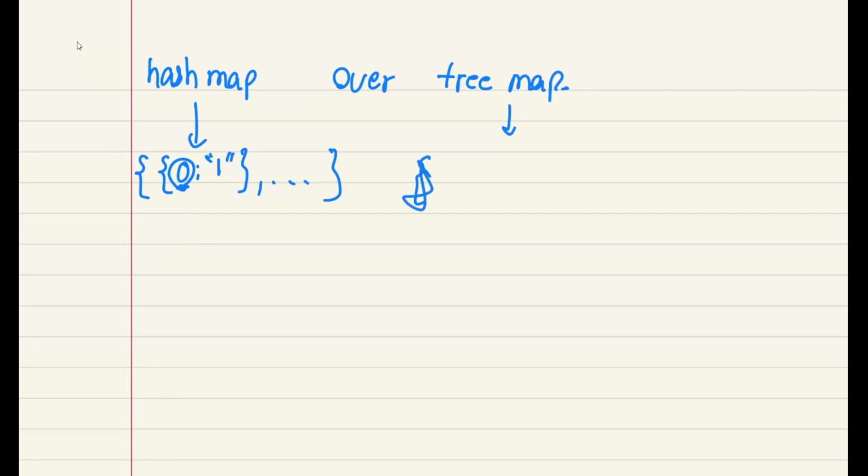Let me write here: in a hash map, order does not matter, but in a tree map, order matters. This is the one main difference.